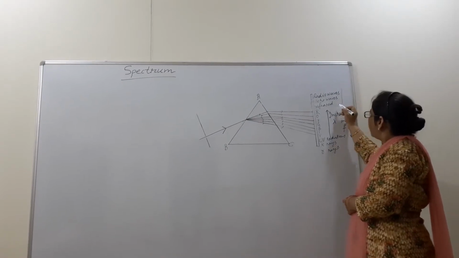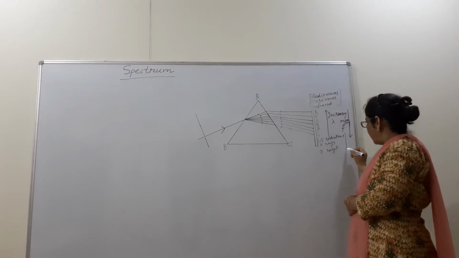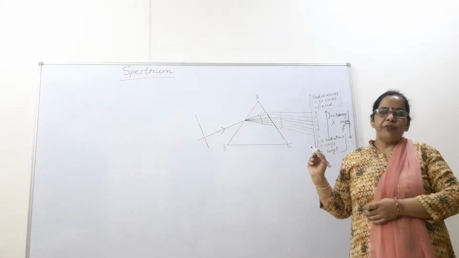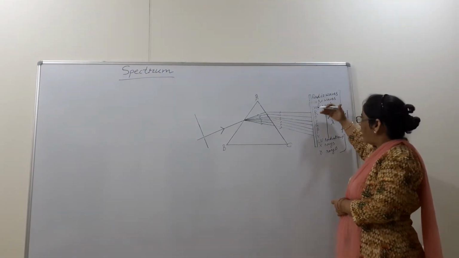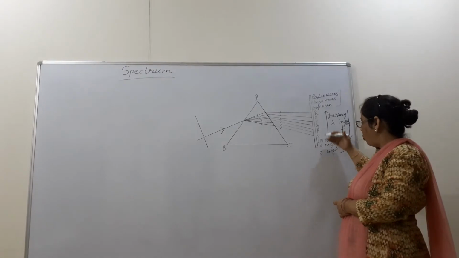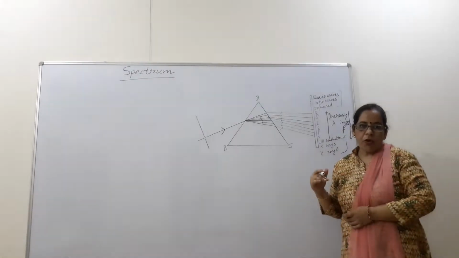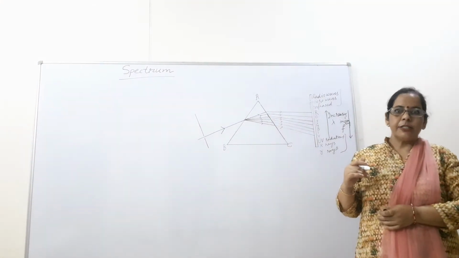Beta, this part and this part we can't see with our naked eyes. So this part, above the red color and below the violet color, is called the invisible spectrum.